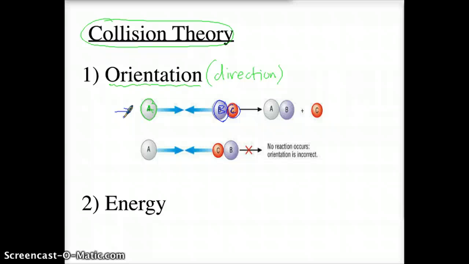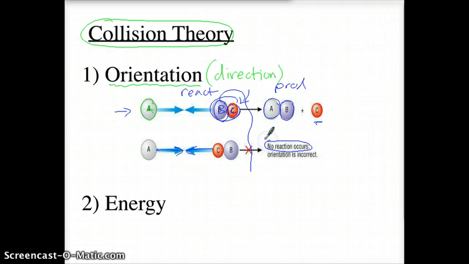Those molecules must be facing that direction in order, again, this is like our reactants and our products, to make our products, where B switches what it's bonded to, is now bonded to A and C is by itself. Let's say you took this molecule here and we flipped it around so that C was in the other direction. Now C is going towards A. Well, we can see here, no reaction occurs. So this is what we mean by orientation. We got to always remember that molecules are three-dimensional. They take up space.